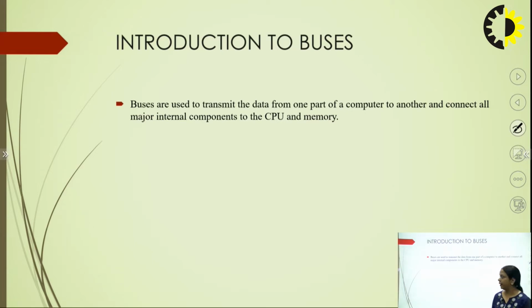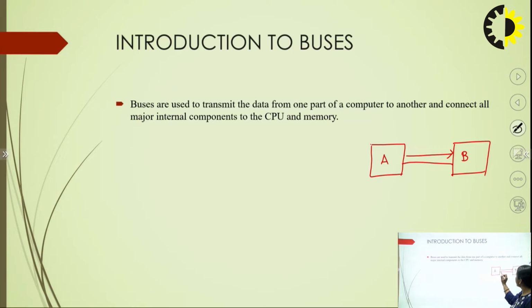For example, this is my first device A and this is another device B. These are two digital component devices. Now I want to send data from A to B, or send data from B to A.